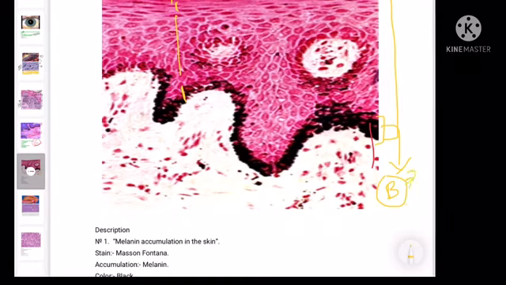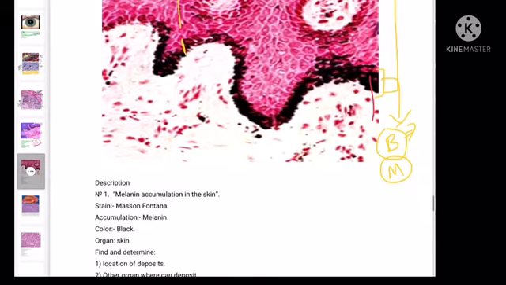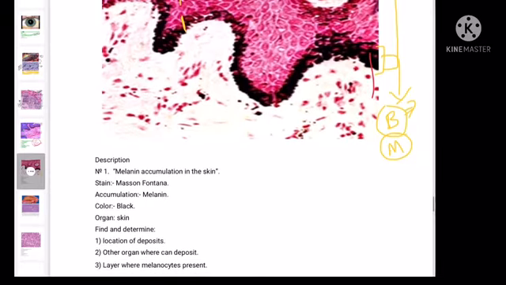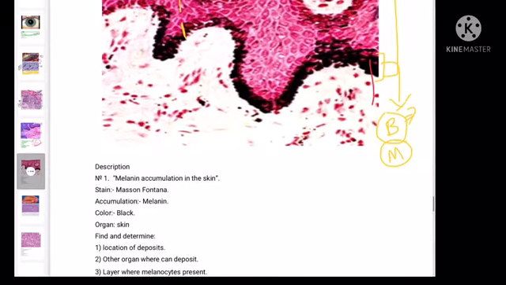Could it be melanin? Yes, it's melanin. This is endogenous melanin accumulation, but the staining is different here. If it were hematoxylin and eosin, it should be brownish in color, but here it's black. This is the Masson-Fontana staining. So they are saying it's a melanin accumulation in the skin at the basal layer.